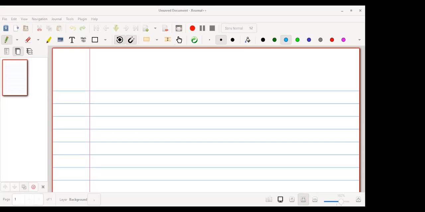You don't see any lines, right? No, sir. I'm not sure what the problem is.